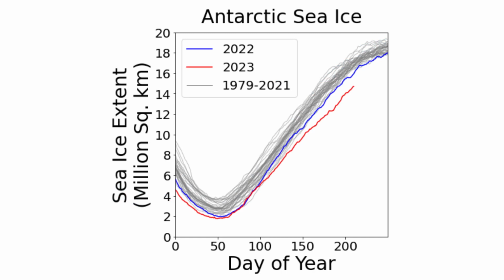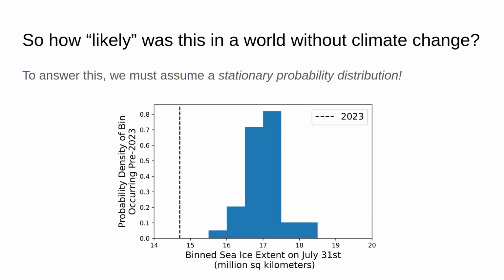So, how far outside is it? And how likely, based on the data that form this histogram, were we to get a dashed line below 15 million square kilometers? So we're going to fit 3 different probability distributions to this. And I'm actually going to remove the numbers on the y-axis because they're kind of not that intuitive.